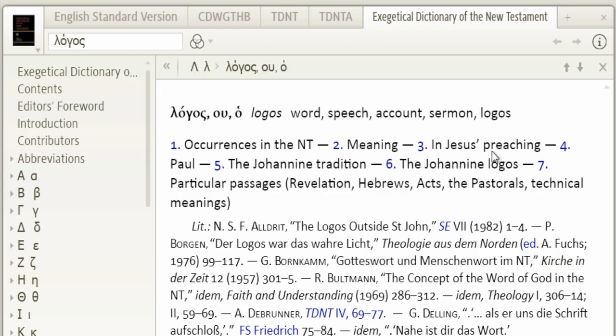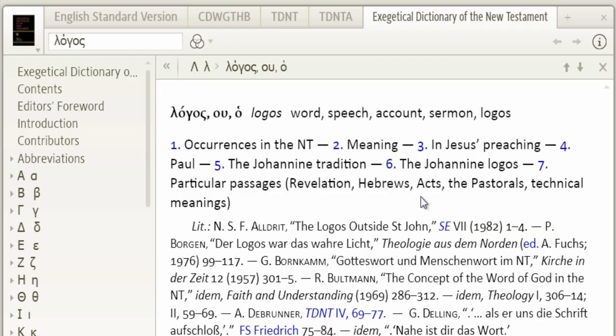So for example, the Synoptic Gospels here, or the Gospels in general, looks at the usage of the word logos in Paul, looks at the usage of the word logos in John's writings, as well as the other writings in the New Testament. Now, since EDNT's focus isn't to look at the historical development of a word, you won't find as many references to material or literature outside the New Testament.